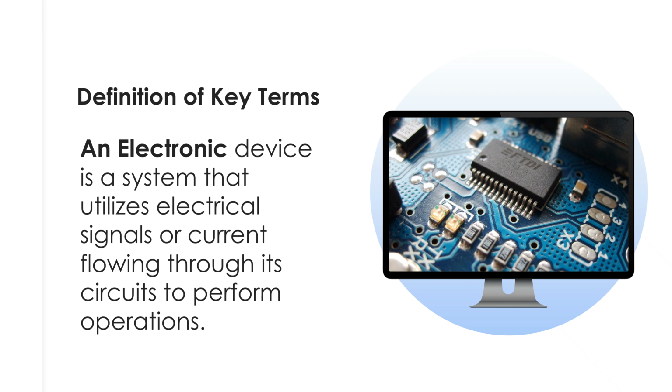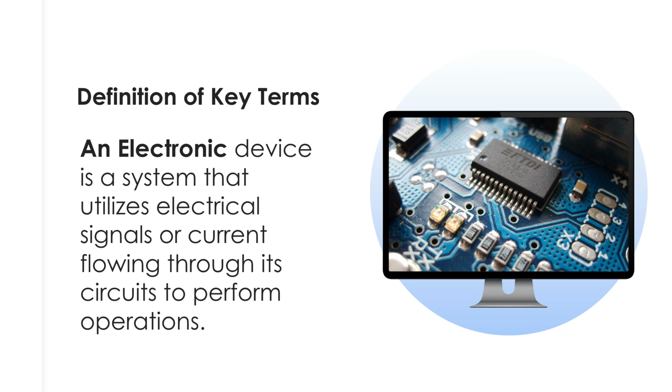An electronic device, more broadly, is any system that uses electrical signals, or electricity, or current flowing through circuits to perform its operations. I think we have mentioned also mechanical devices, which use physical force for them to work, but we shall talk about mechanical devices again in another video.